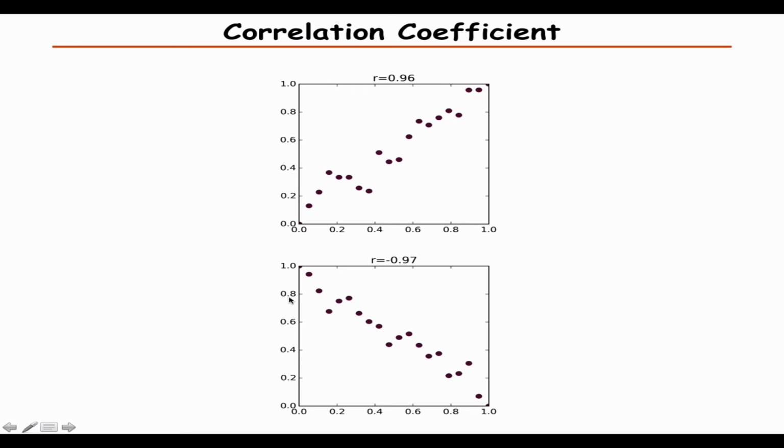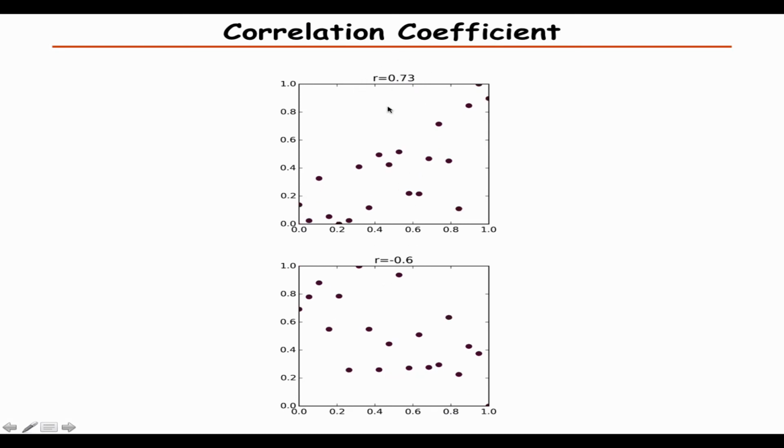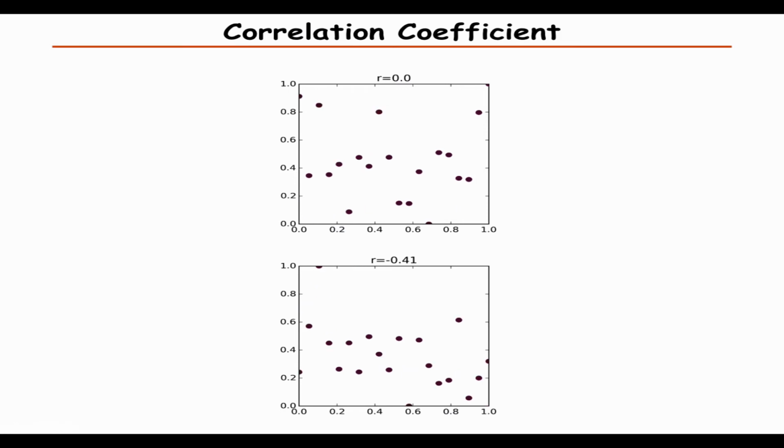And the same in the negative case. If we add even more noise, it's starting to get quite noisy, but the correlation coefficient is still reasonably high. Then as we go, it becomes more and more noisy, and finally there is, in this case, no correlation at all.